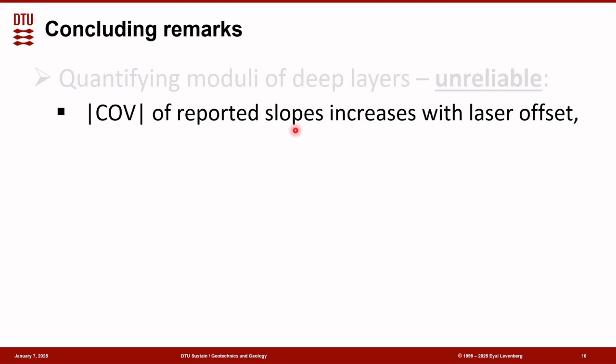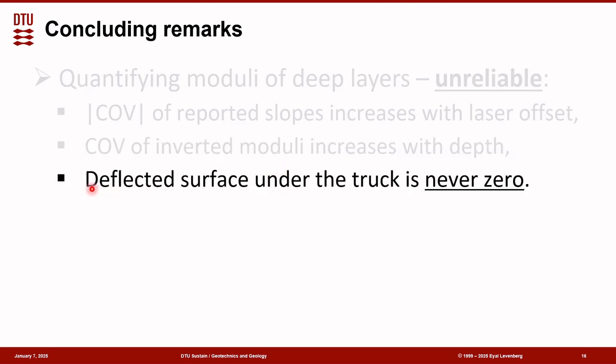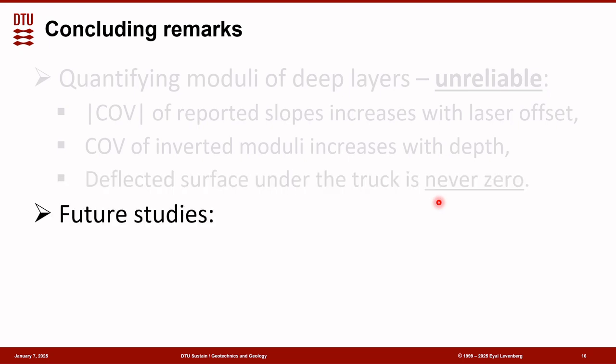One reason for this would be that the coefficient of variation of reported slopes increases with the laser offset. We also saw that the coefficient of variation of inverted moduli increases with depth, and the deflected surface that I showed earlier under the track is never zero. And since we are interpreting only slopes, there's actually no practical way of finding out the absolute deflection.